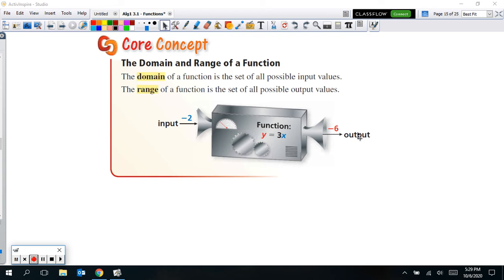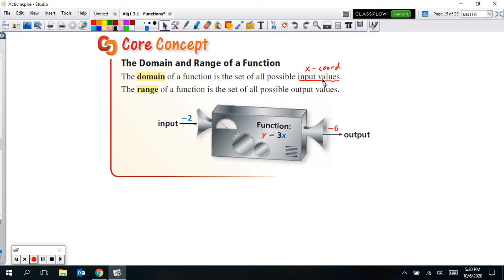So basically what a domain and range are of a function really kind of happens when you look at the whole entire function on a graph. So the domain, and you're going to want to write this down in your notes as well for the vocabulary, the domain of a function is the set of all possible input values. So remember the input values, those are the x coordinates. So all of the possible input values.